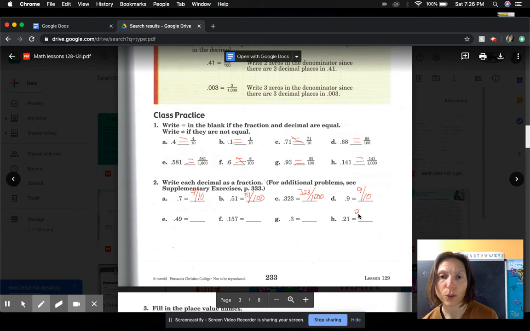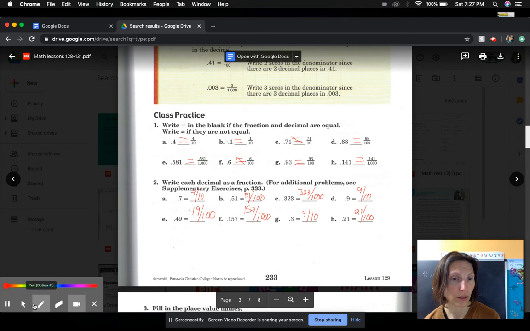H is 21 hundredths. G is 3/10ths. F is 157 1,000ths. And 0.49 is 49 100ths. Okay, moving down.